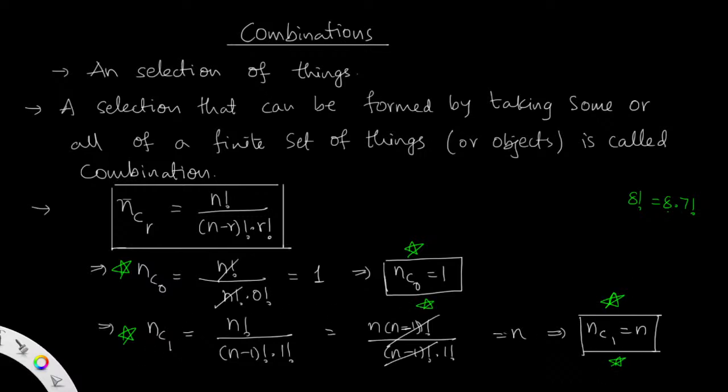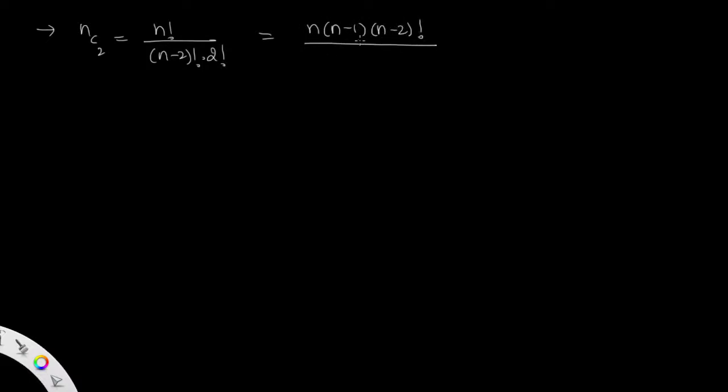Similarly, the formula for NC2 is n factorial by n minus 2 factorial into 2 factorial. We can write n into n minus 1 into n minus 2 factorial, divided by n minus 2 factorial into 2 factorial.